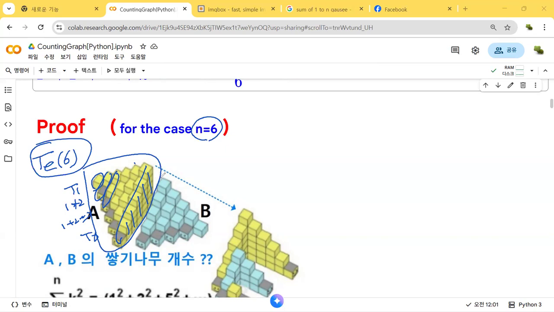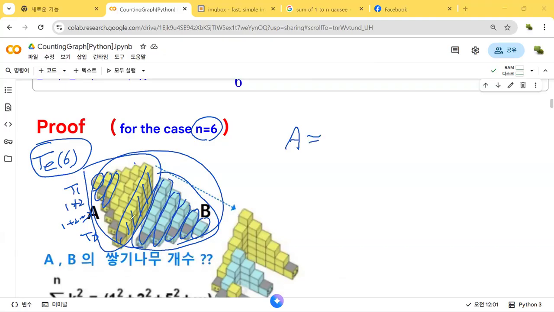So the yellow part is in fact tetrahedral number 6. Let's consider this sky blue part. Also, this one is 1, and this is 1 plus 2. This is 1 plus 2 plus 3, 1 plus 2 plus 3 plus 4, and 1 plus 2 plus 3 plus 5. So, in fact, look, the yellow part A is tetrahedral number 6, and this sky blue one is tetrahedral number 5.